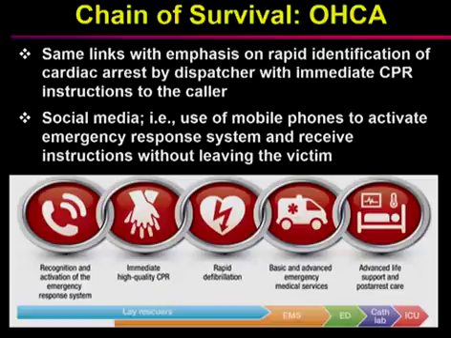Once the emergency medical system arrives with the rescue team, they continue the process, high-quality CPR, and take the patient to the hospital where some interventions can be provided. Basically, the ability to take the patient to the cath lab if there is suspicion of an acute myocardial infarction has been shown to improve outcome. There's discussion about hypothermia. I'm going to address that in a minute. And it's very important the patient be treated in a place in which you have doctors and nurses who are dedicated to the care of a very critically ill patient.